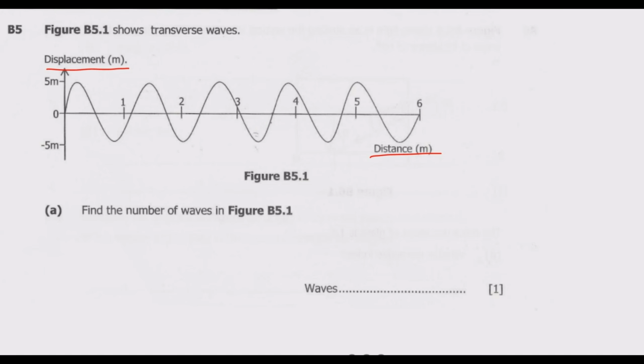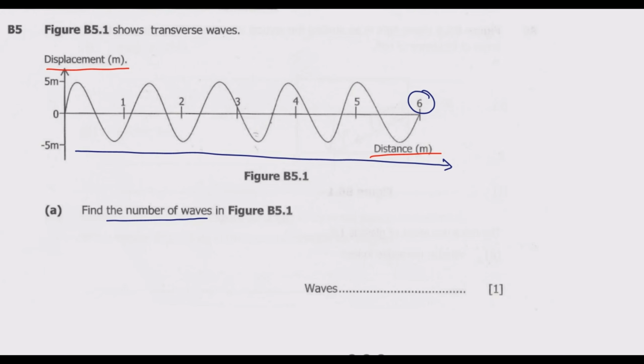There is a temptation to just pick this 6. Now this 6 is not measuring the number of waves we've been asked to find, but the distance traveled by these waves. So how do we find the number of waves?